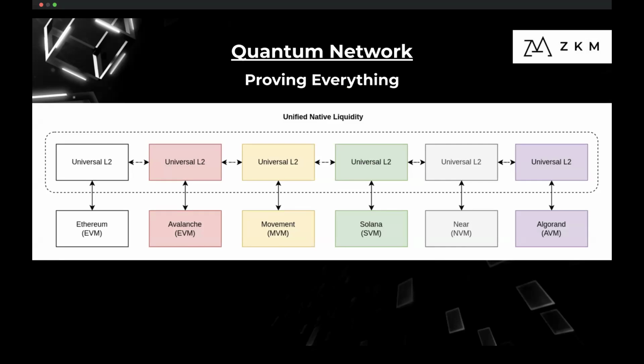And between these L2s, we have very generic message passing. So that's one of the benefits of this quantum network design, being generalizable. We're not just restricted to things like asset transfers, but we can also have, say, governance votes, other types of use cases as well.